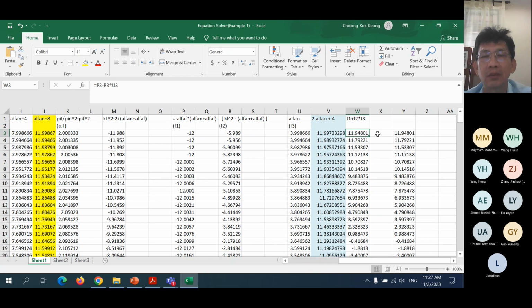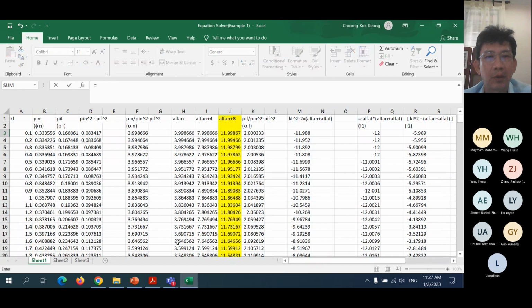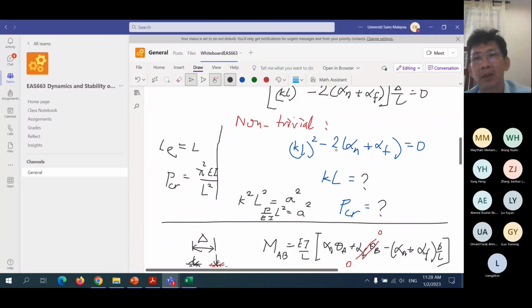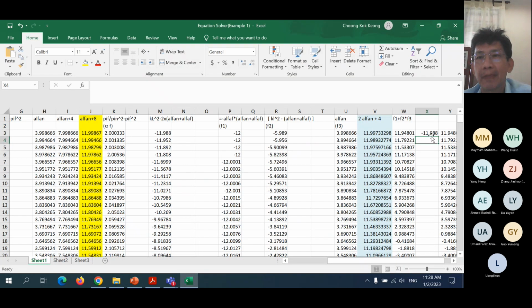So you have to put in, for example, this one equal to, what we want here is this one, multiply with this one again, go back to the equation and then multiply 2 alpha n plus alpha f. So that is this equation: KL square minus 2 multiplied with alpha n plus alpha f. Then we try to get a series of that value.